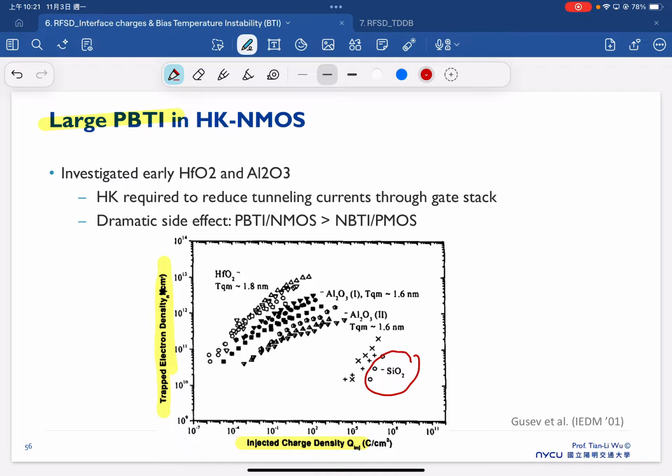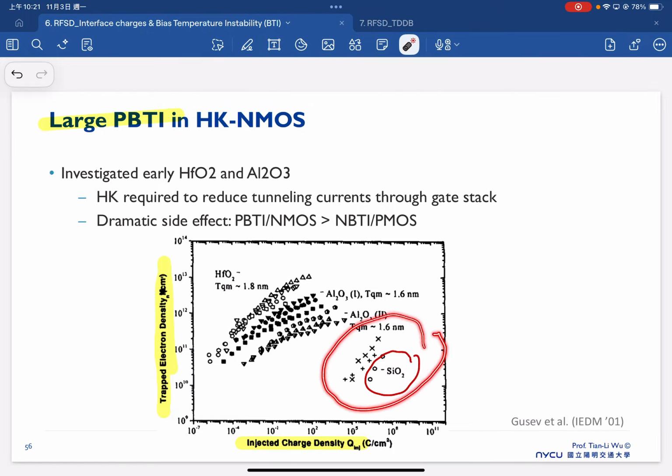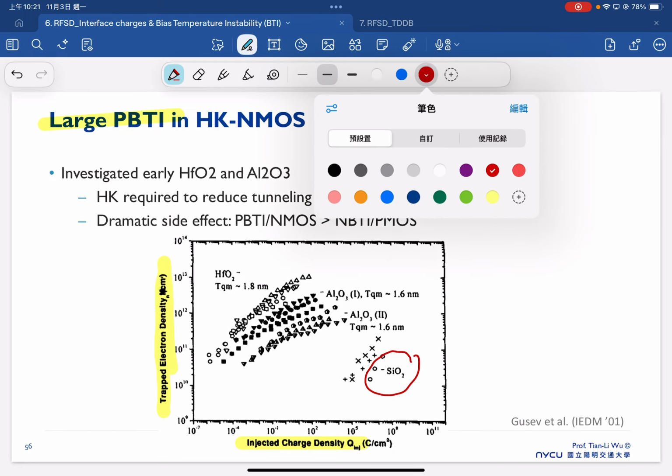We can see that for silicon dioxide, even though we injected a very large amount of charge, the trapped charge is still below 10 to the 11. However, in those high K materials, for the technology advancement we need this high K, because as we said previously, silicon dioxide cannot be further scaled. But the problem is that this high K material causes a serious PBTI issue.